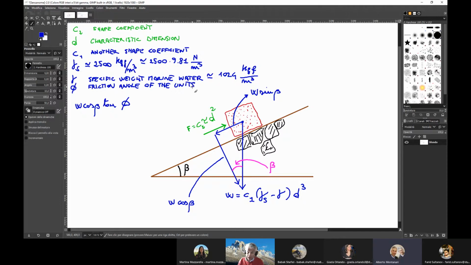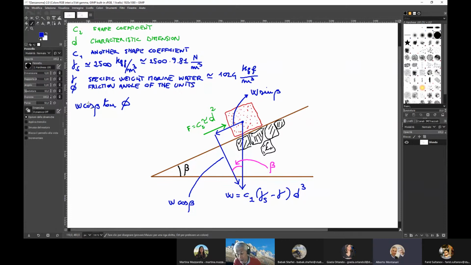Because of course, if the green forcing originated by wave run-up wants to move up, this particle has to compete with the self-weight, the component that is parallel to the side of the groin, but also has to compete against the friction, because the friction is taking energy, and it's acting as a stabilizing force.